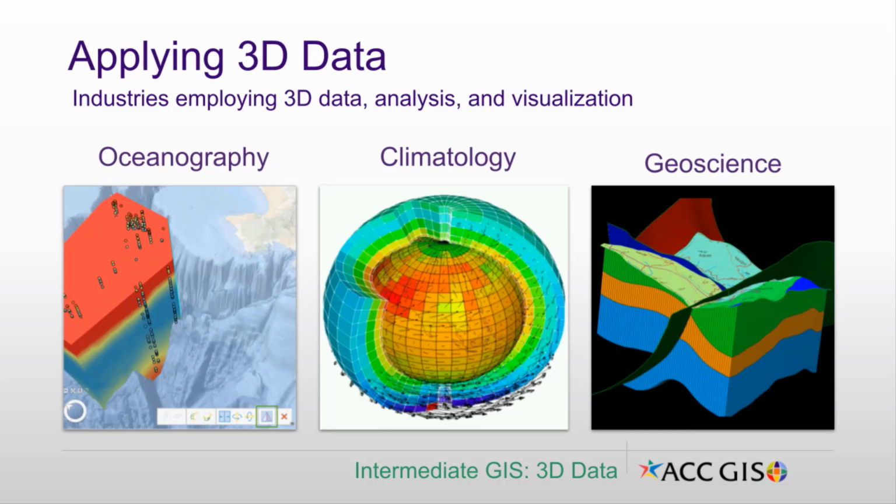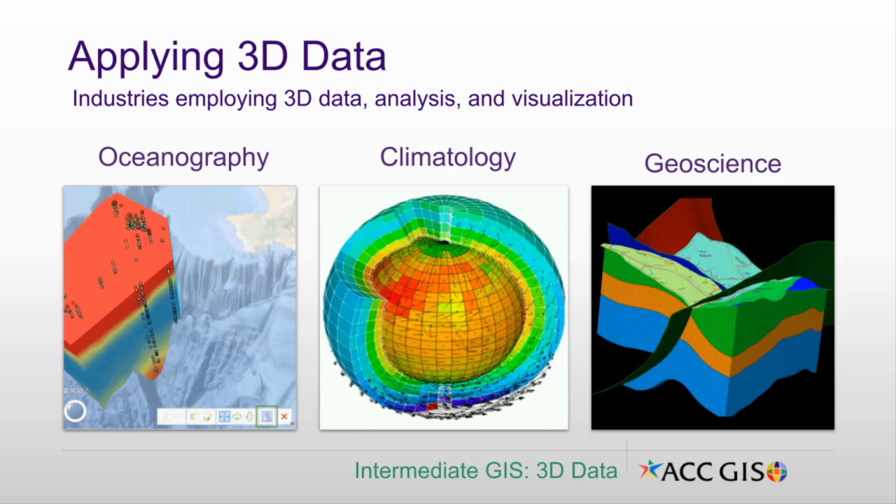We also see 3D data employed in science-based industries like oceanography, climatology, and geoscience. These all have three-dimensional physical components to the world in which they are studying. In the example on the left, oceanography, this is a study in Monterey Bay that is looking at the oxygen level of the ocean over time.